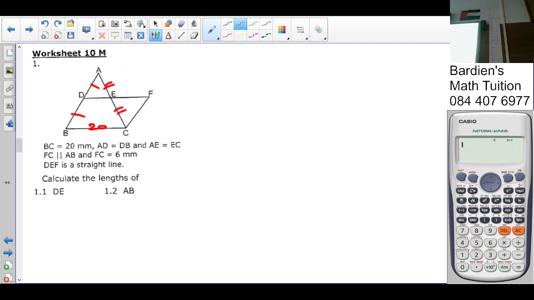Then we are told that FC is parallel to AB and FC is 6, and that DEF is a straight line. Calculate the length of ED. So what is ED? It's easy to say it's 10. You all can see the 10.